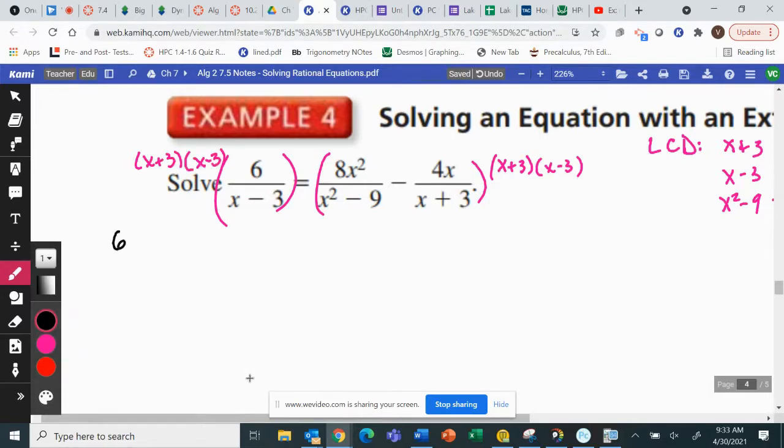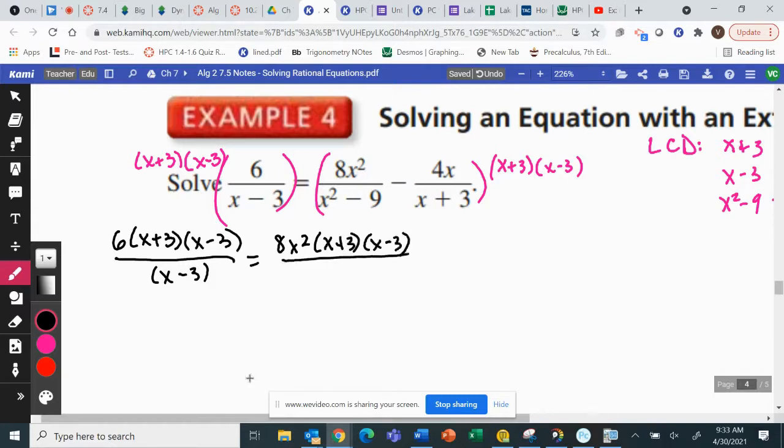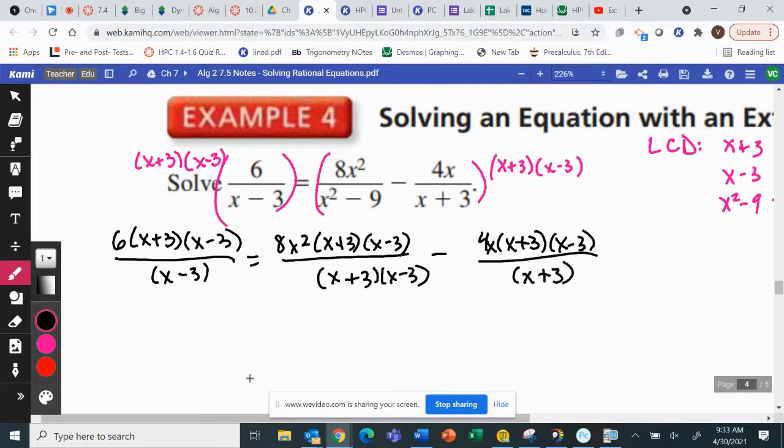So I will have 6 times x plus 3 times x minus 3 over x minus 3 equals 8x squared times x plus 3 x minus 3 over x plus 3 x minus 3, minus 4x times x plus 3 x minus 3 over x plus 3.